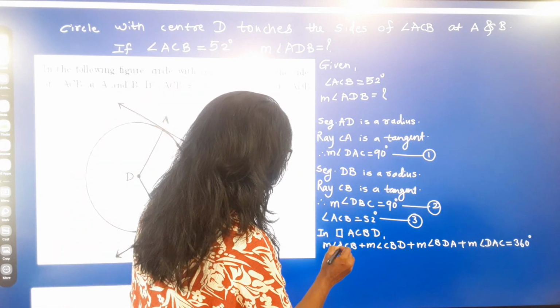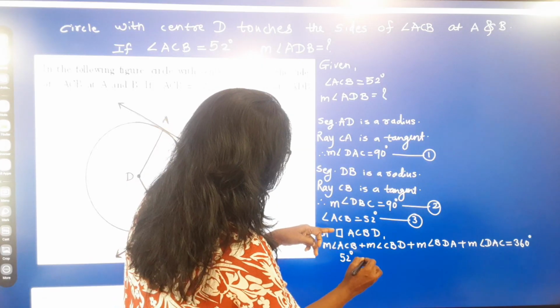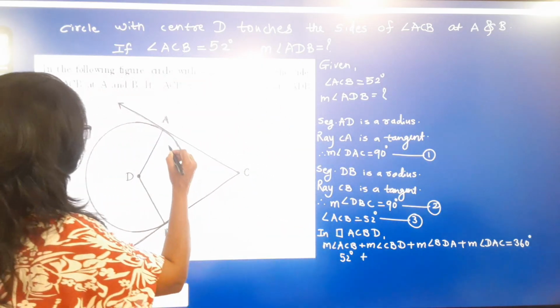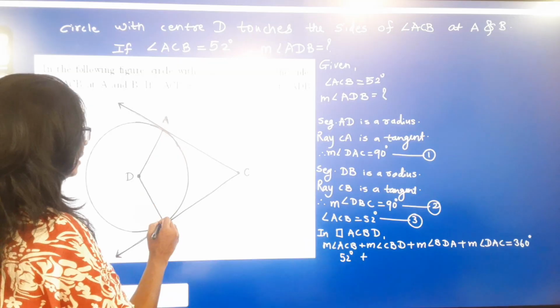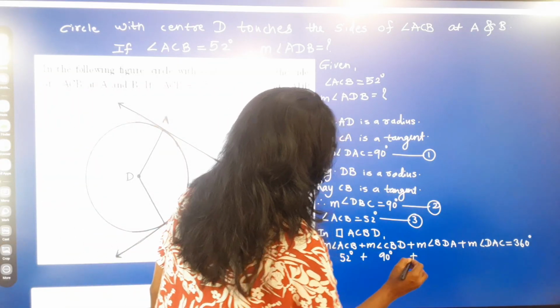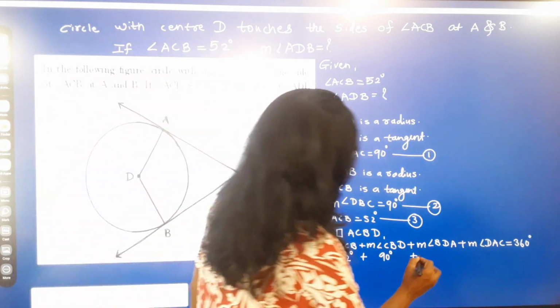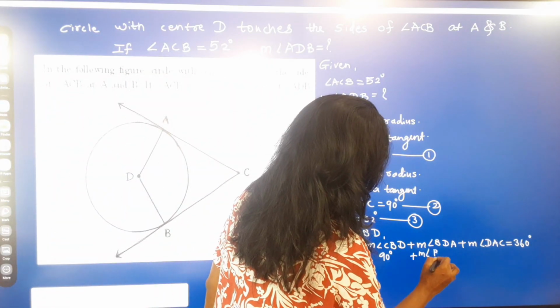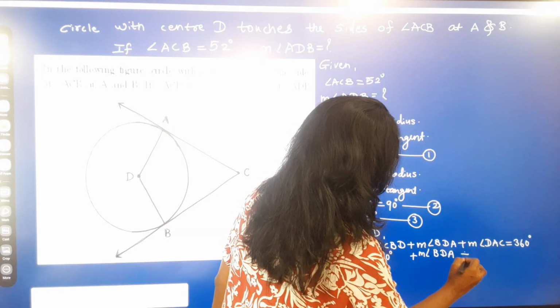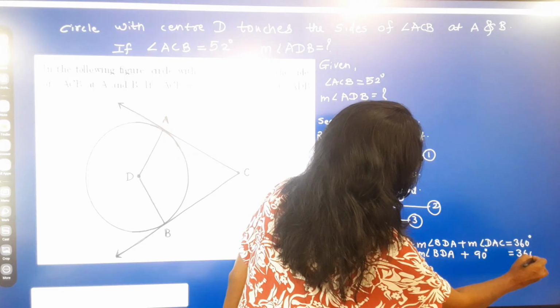So here substitution: angle ACB is 52 degree. Angle CBD here is 90 degree. Angle BDA we have to calculate. So write as it is, BDA plus angle DAC, that is 90 degree, which is equal to 360 degree.